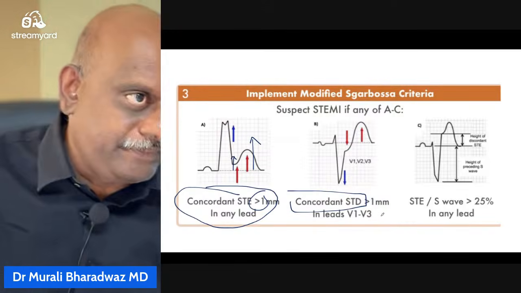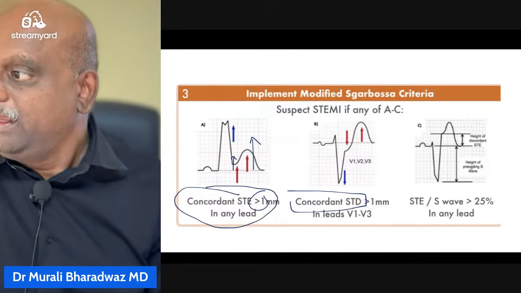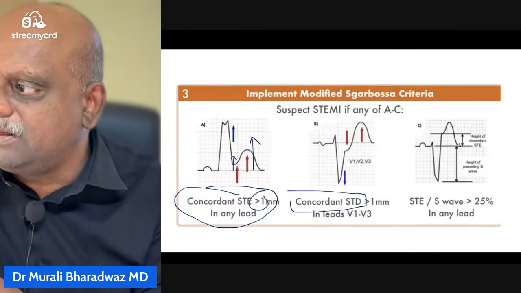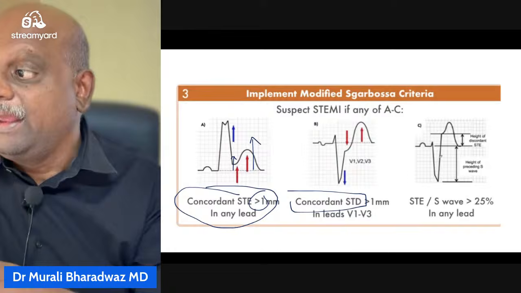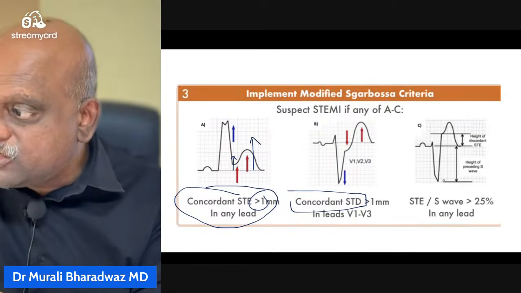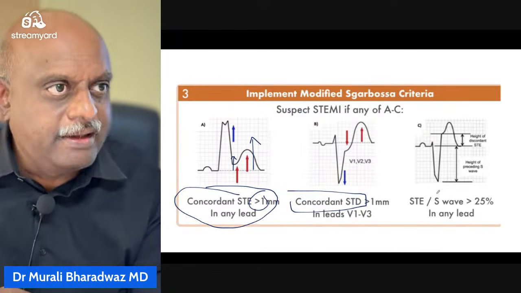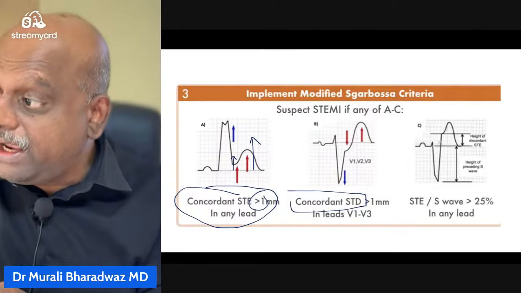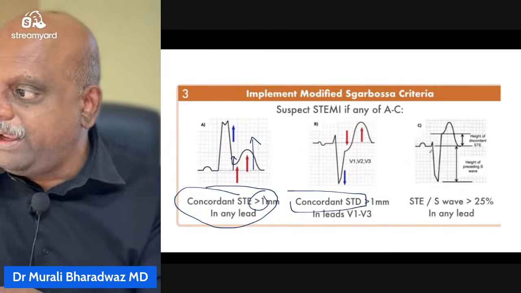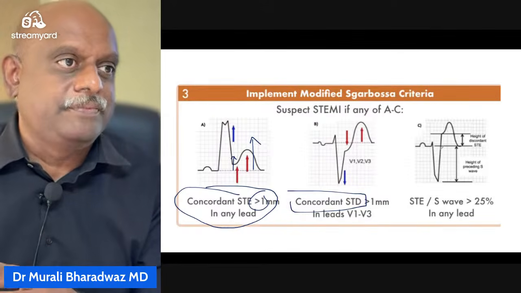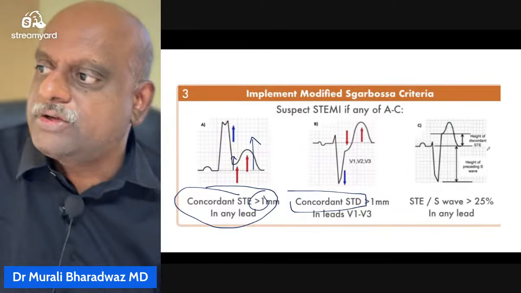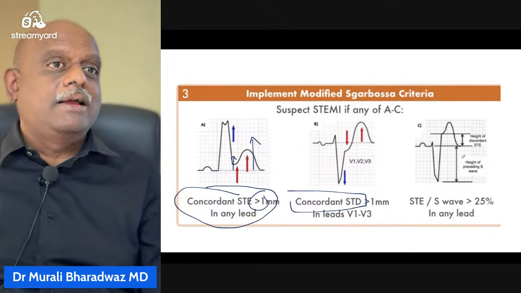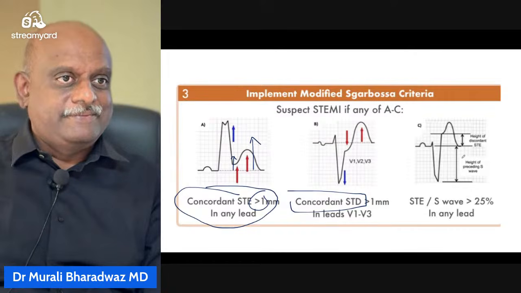That is the second criterion. Third, there is an ST elevation and there is an S wave. If the ST elevation divided by the S wave depth is more than 25%, that is called Sgarbossa criterion 3.